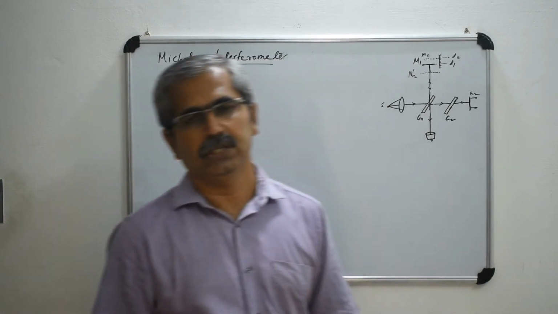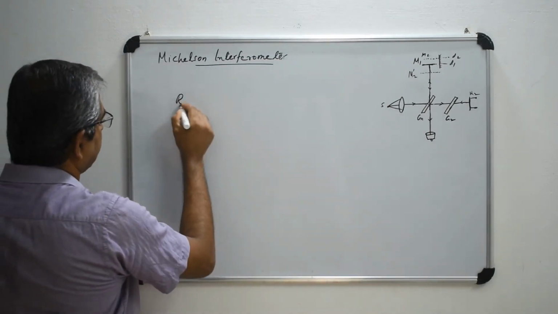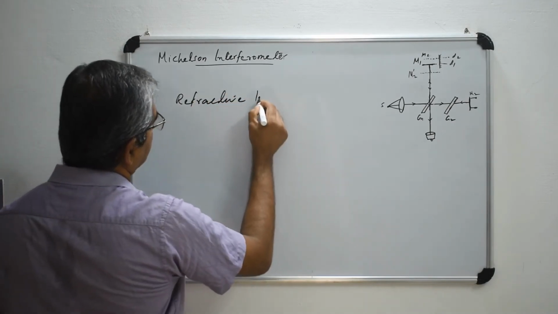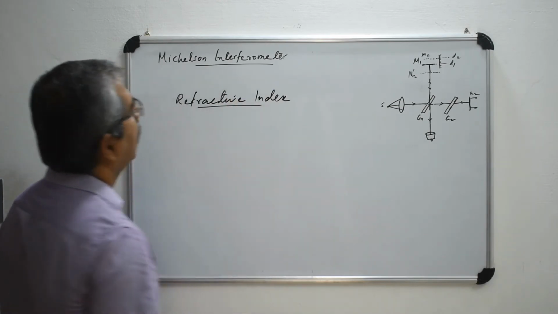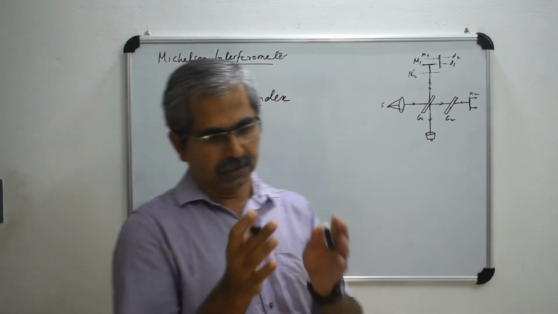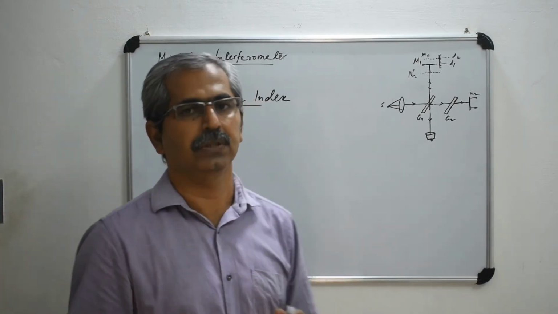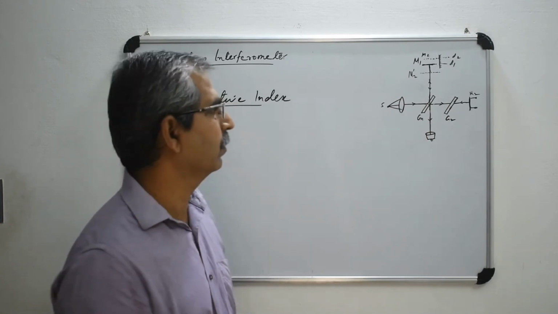Now another application is to calculate the refractive index of a given transparent sheet. Okay, a thin transparent sheet. So that can be done using a Michelson interferometer.